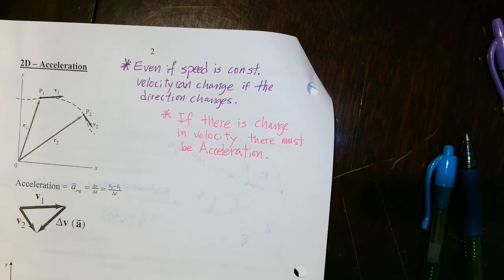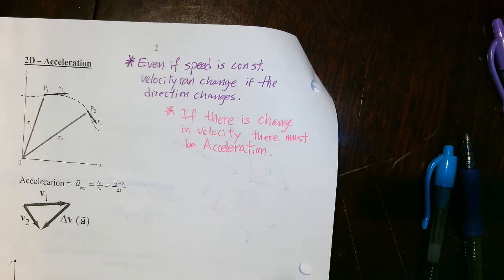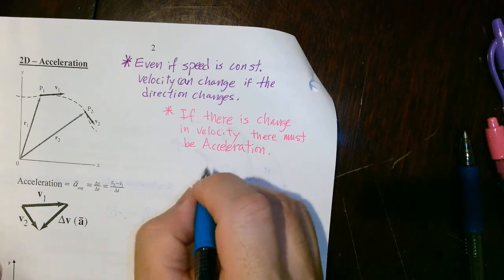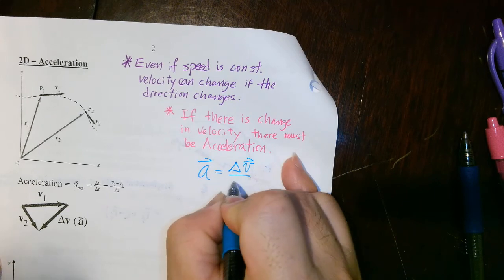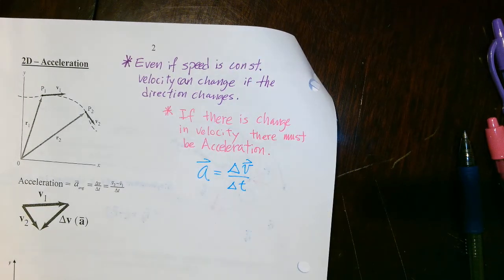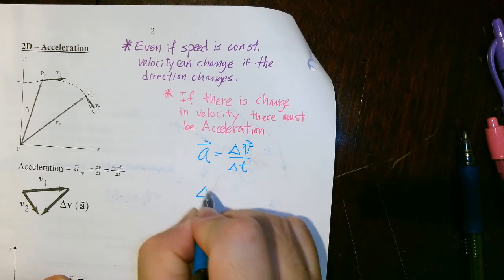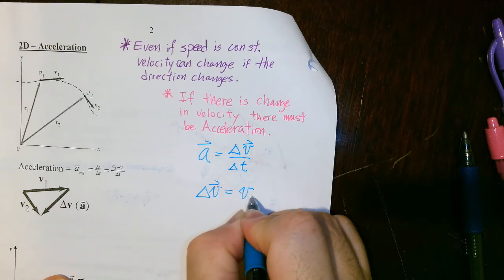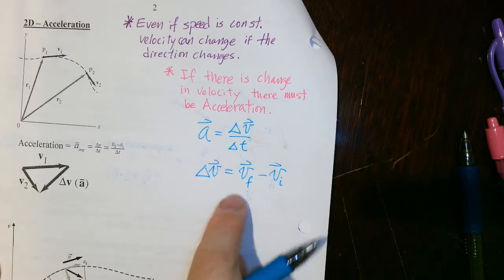So even if the speed is constant, velocity can change when you change direction of the velocity, right? So if there is change in velocity, there must be acceleration. There's no negotiation on that, right? And because acceleration is change in v over change in t, delta v is equal to vf minus vi. So what does that mean?